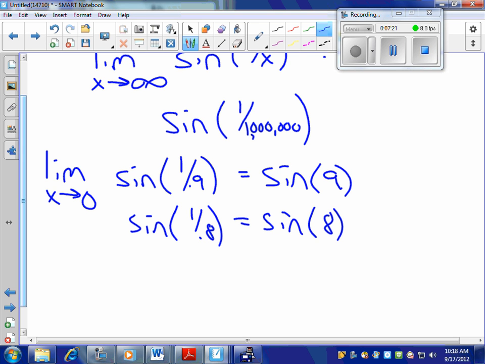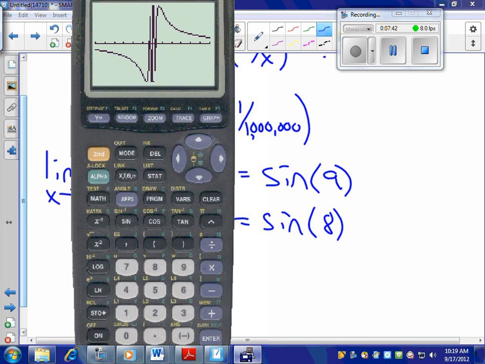You tell me, what does sine do for numbers from 1 to infinity? If we were to look at the graph of sine, what does it do? It oscillates back and forth. And so when you plug in numbers between 0 and 1, you end up with these kinds of numbers, and it oscillates between 1 and negative 1. That's what's happening. So my point is this: in calculus, as we examine limits, it's not always that we can just simply plug numbers in.